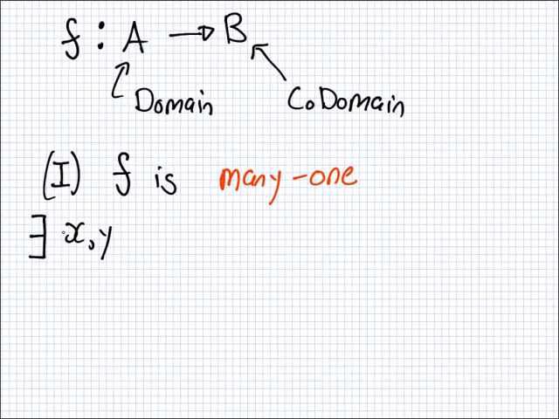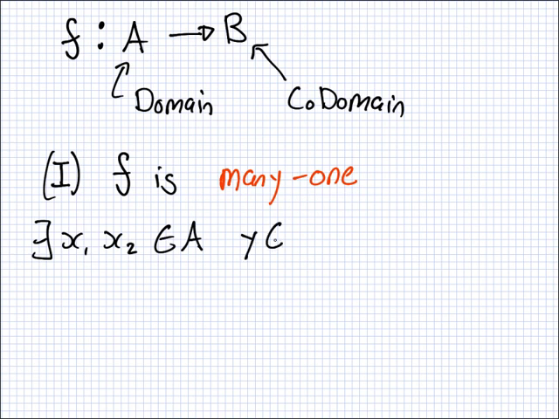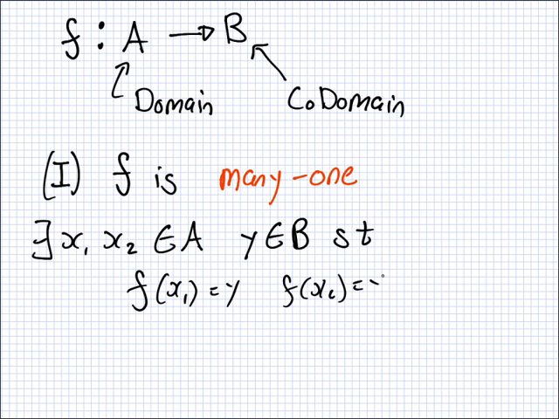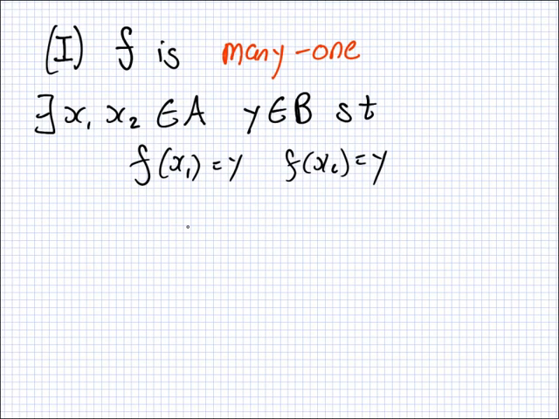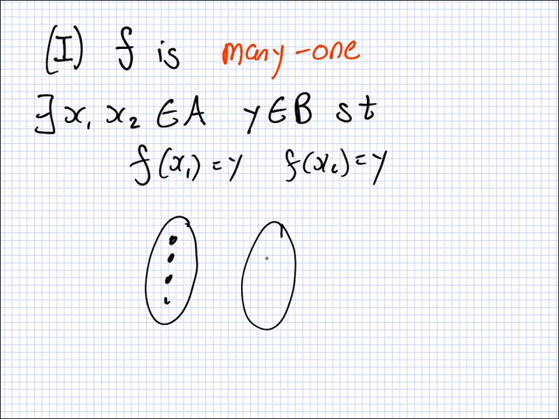No, sorry. I want to call it something different. There exist x1, x2 in the domain and y in the codomain such that f(x1) equals y and f(x2) equals y. So what that means is there must be at least 2 that go to the same number.